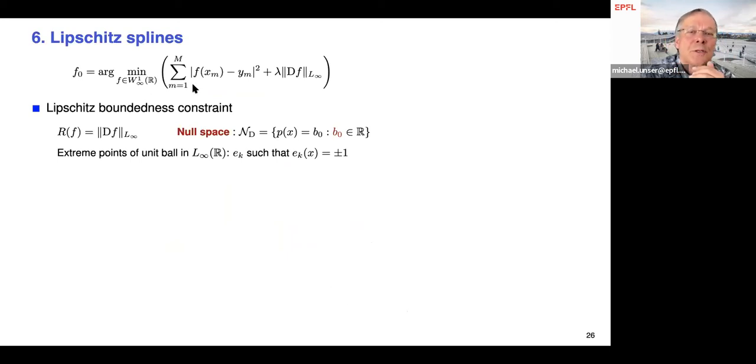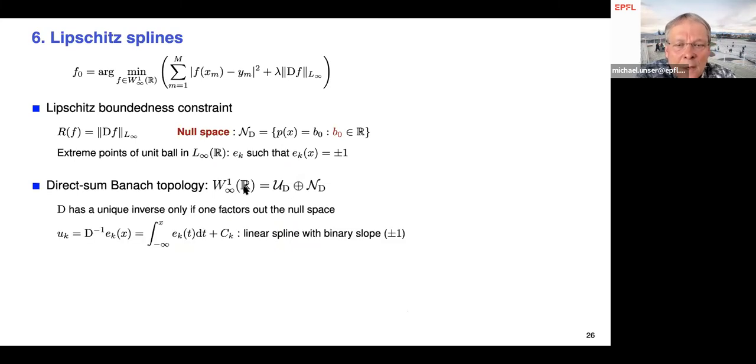Now you can also do Lipschitz splines, because I think being stable is an important consideration also in learning. If we put the L infinity norm, this is also a case of a non-strictly convex Banach space. Again, we have a null space, we can do a direct sum decomposition of the space, and then D again has a unique inverse if you factor out the space. What's important is that we need to know the extreme points of L infinity, and now they're not Diracs.